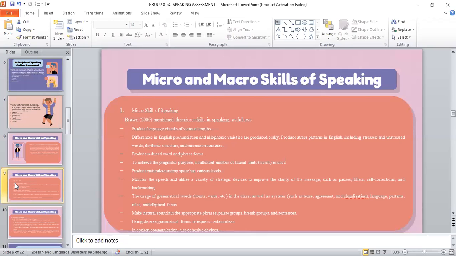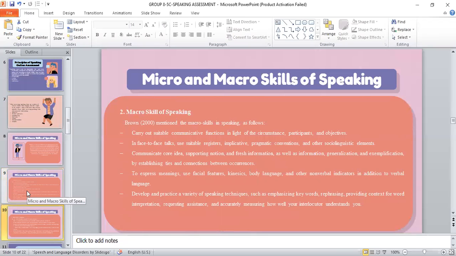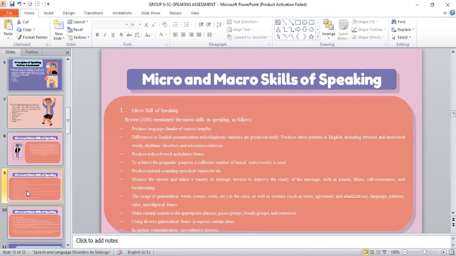Next is to produce natural sounding speech at various levels. Next, monitor speech and utilize a variety of strategic devices to improve the clarity of the message, such as pauses, fillers, self-corrections, and backtracking. Next is the usage of grammatical word classes, such as nouns and verbs, as well as systems such as tense, agreement, pluralization, patterns, rules, and elliptical forms.